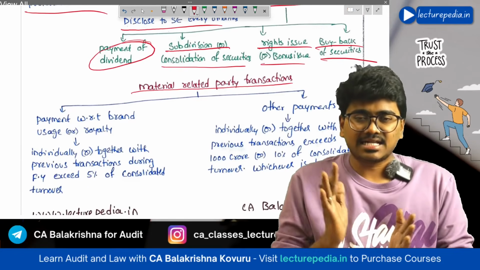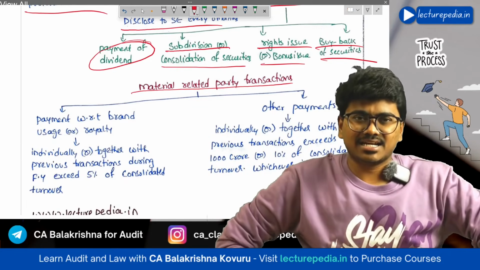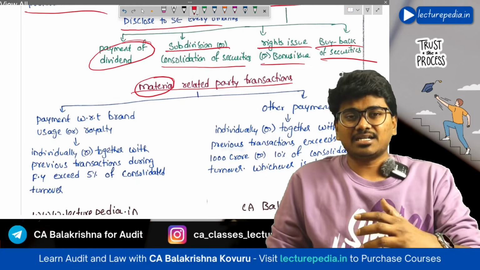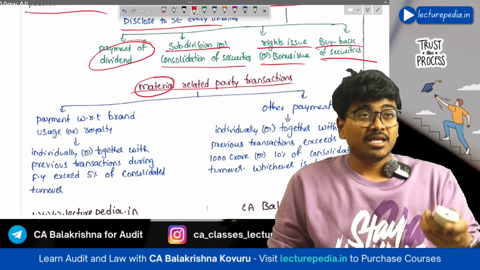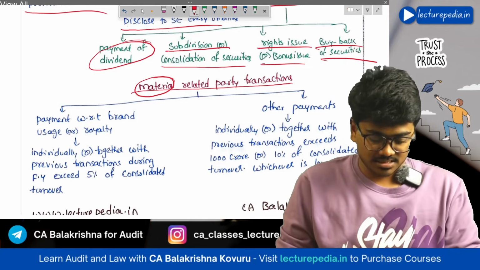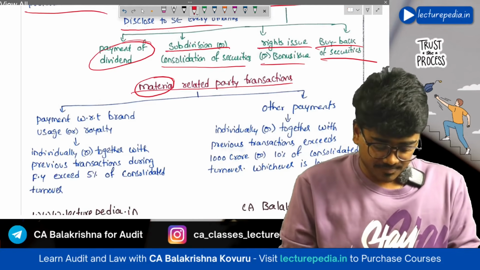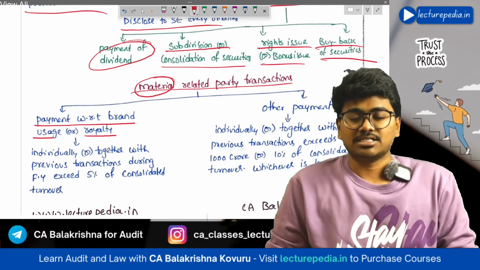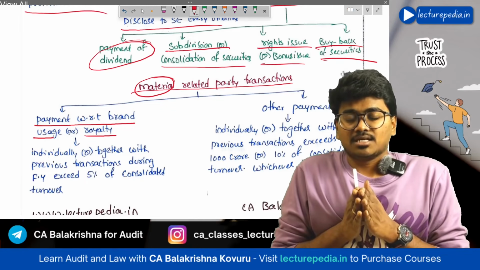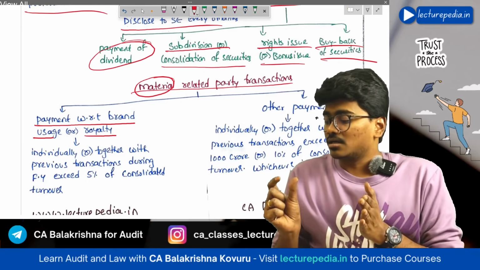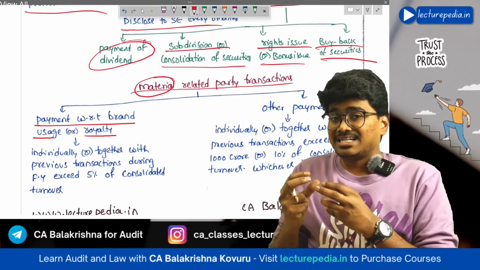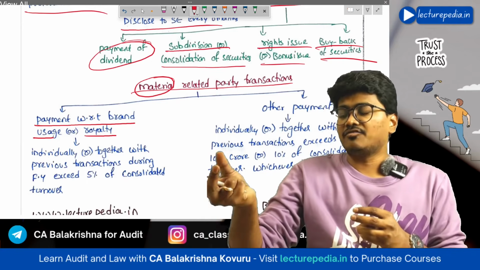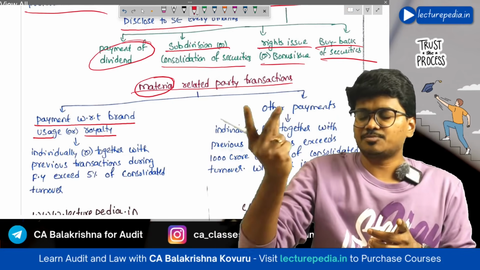Material related party transactions. Now, what are these material related party transactions? Material means something important. When will a related party transaction become a material related party transaction? See, if the transaction is a payment with respect to brand usage or royalty. The listed entity has a particular trademark or brand, and it has given this trademark to a particular related party, and for the use of the trademark, the related party is paying a certain amount.